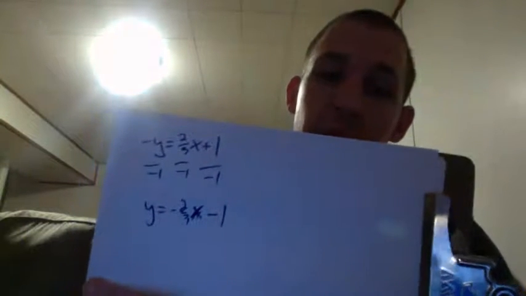But if you had something like negative y equals 2/3 x plus 1, this is not slope-intercept form because it's got a negative y. But you could divide everything by negative 1, and you get y equals negative 2/3 x minus 1. That's a terrible x. Wow, is that bad? But now it's totally in slope-intercept form just by dividing everything by negative 1.